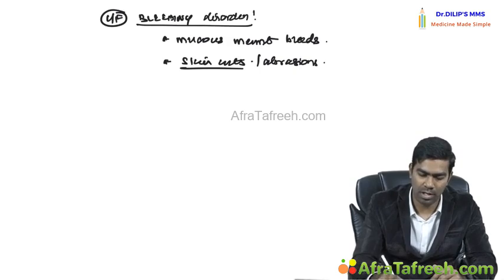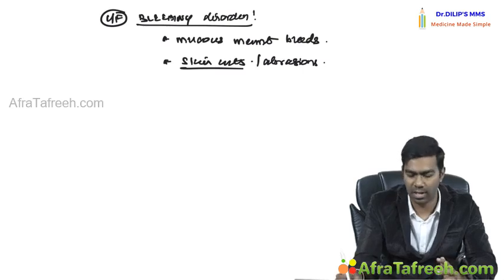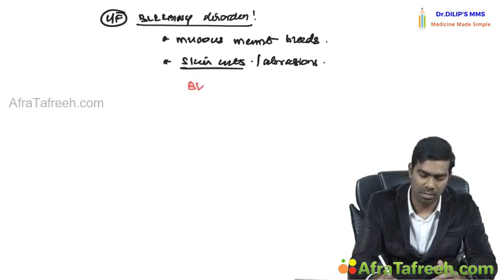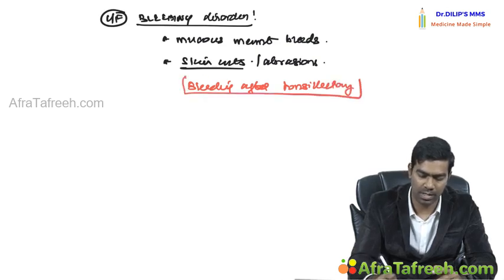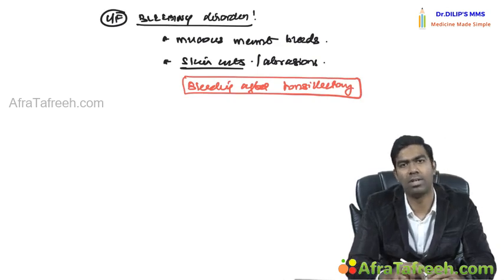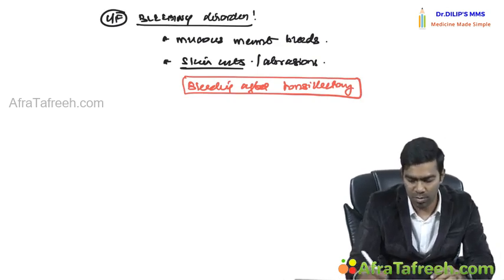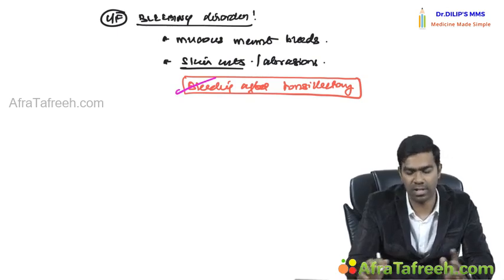But very importantly, in the exam, they will ask you one important finding, that is bleeding after tonsillectomy. This excessive bleeding after tonsillectomy can happen in other clotting factor disorders also, but I really don't know how much this is important. In the exam, this is a very stereotypical question.